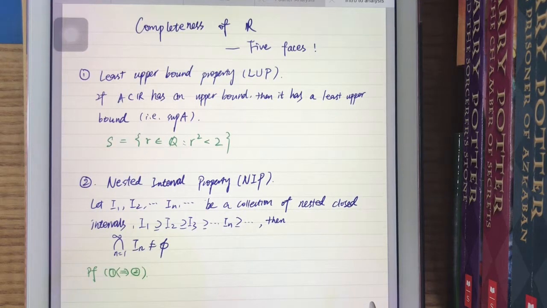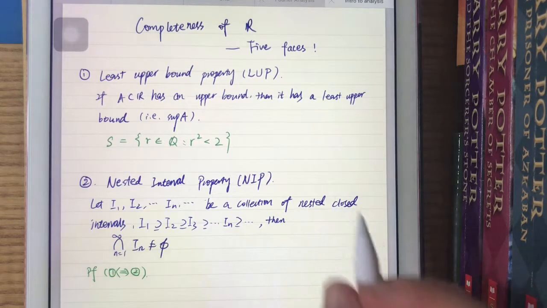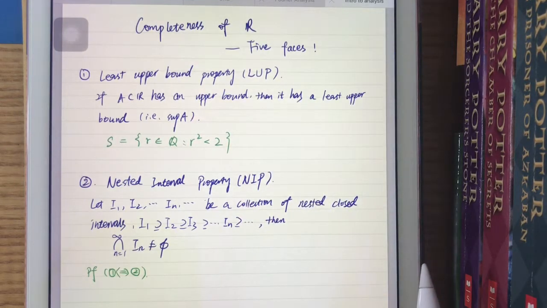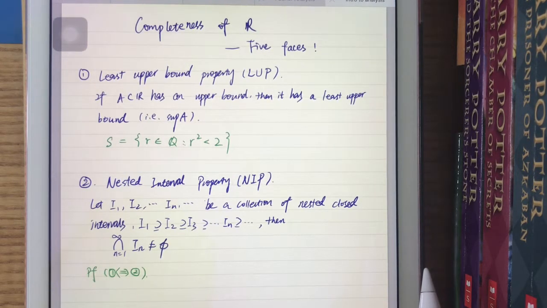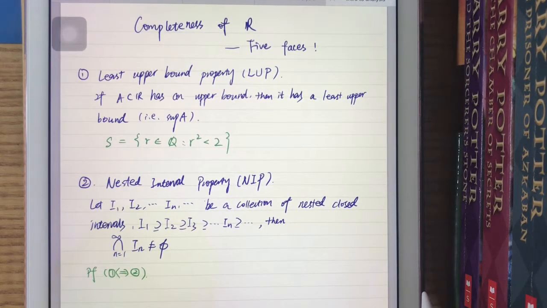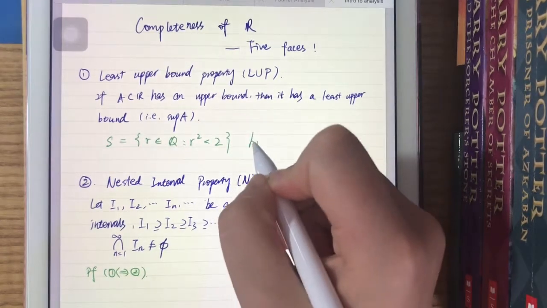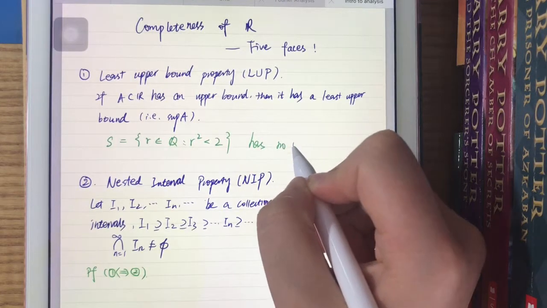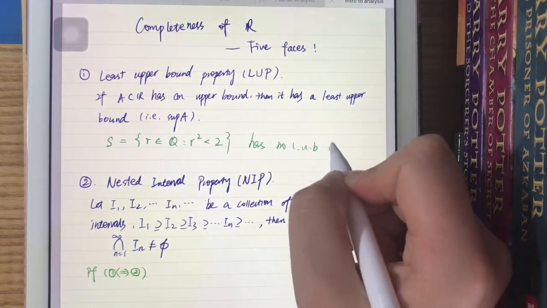Because you cannot find a least upper bound such that the element is in Q. Well, S here is bounded from above, but S has no least upper bound in Q, right?